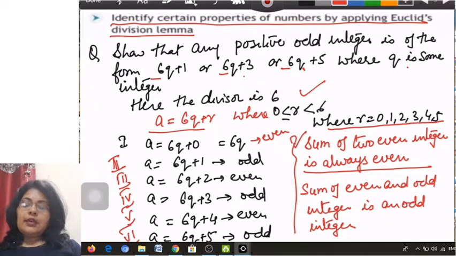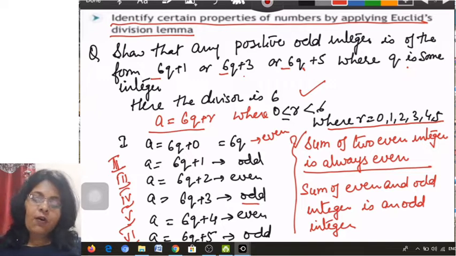This is the sum of an even and an odd integer, which is an odd integer, so it becomes odd. Then the fifth case, where R is equal to 4: 6q plus 4 is again the sum of two even integers, which is always even. And then 6q plus 5 is odd.